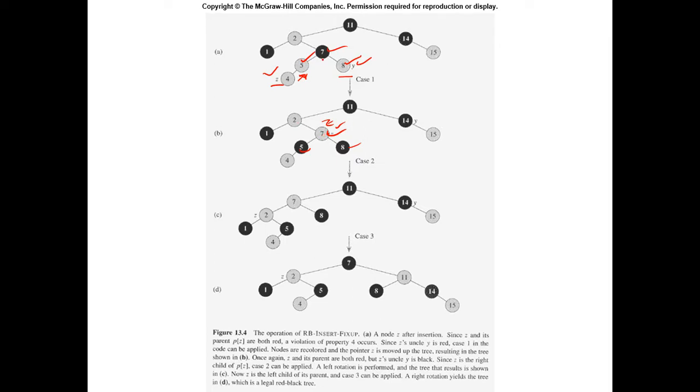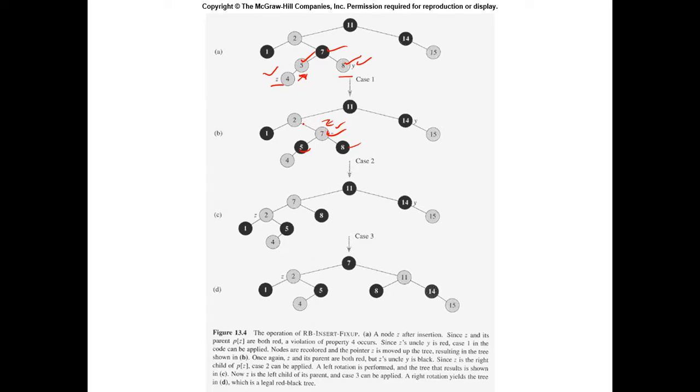After the case 1 solution is applied, 7 has become red, and because 7 is red, its parent is also red. Red means again violation, right? You cannot have red and its parent red. Both cannot be, it's a violation. That is exactly what happened here also, right? Only then we went for the case 1 solution, and after case 1 was applied, we got red again.